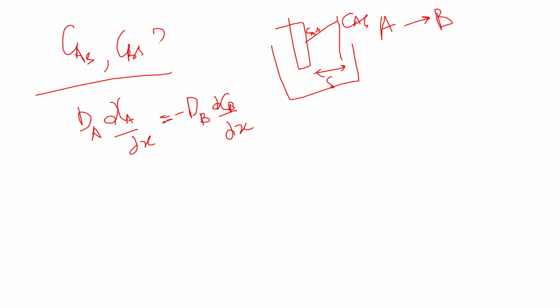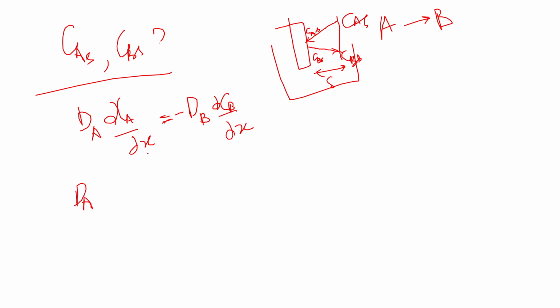Basically, it keeps reducing. What about B? B is formed over here and it reduces as you go over here. This is a variation, so I'm just expanding it.